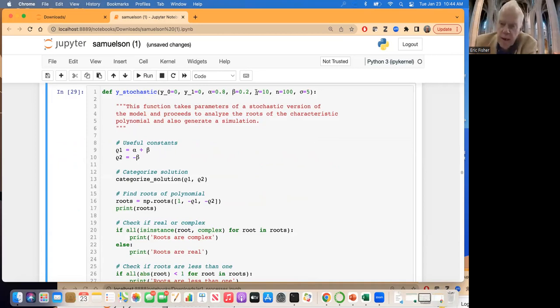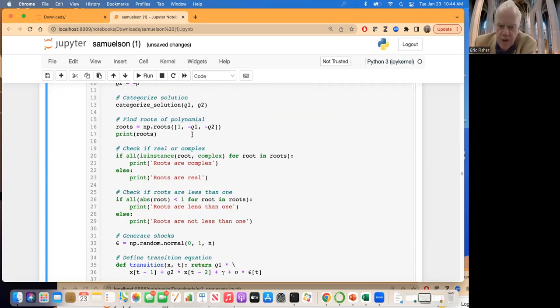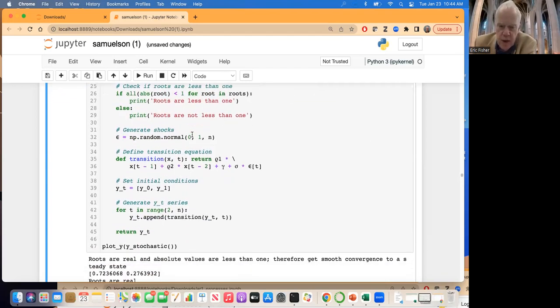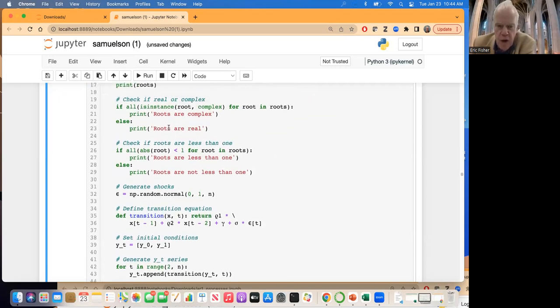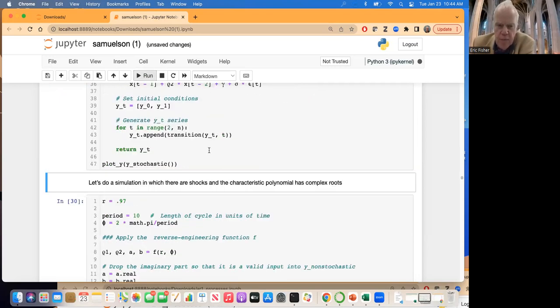We're giving it gamma, remember when we went back, that was in the consumption function. I think we're telling it to go out 100 periods, and we're telling it its volatility is 5. So you're given all the parameters. What this thing is going to do is spit back what the roots are, and it's going to plot some numbers for you.